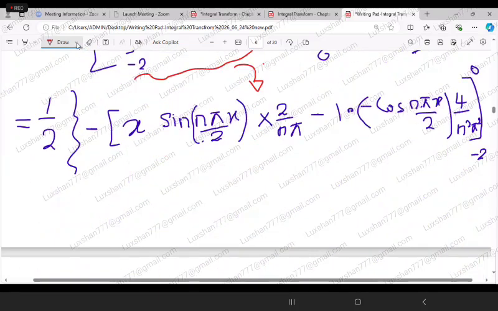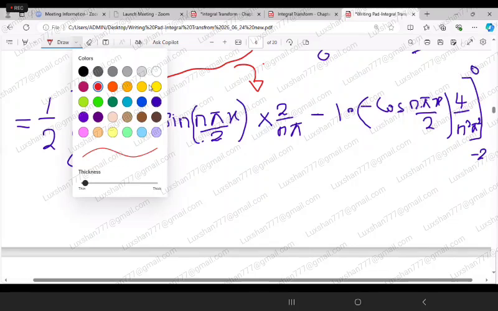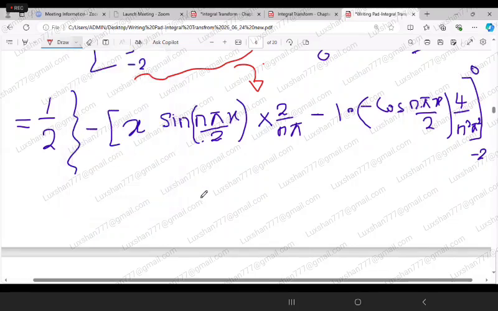So that becomes, let me write it in a different color so that you can easily identify.